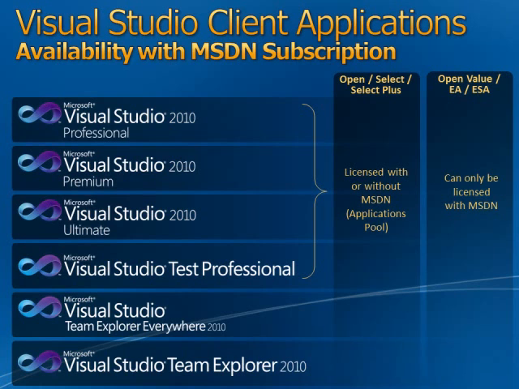If they're purchased through the Open Value, Enterprise Agreement or Enterprise Subscription Agreement, they can only be licensed with an MSDN subscription. Visual Studio Team Explorer Everywhere is always licensed without MSDN, and Visual Studio Team Explorer, we've already mentioned, is a free download, but it is also included in the Visual Studio client applications.